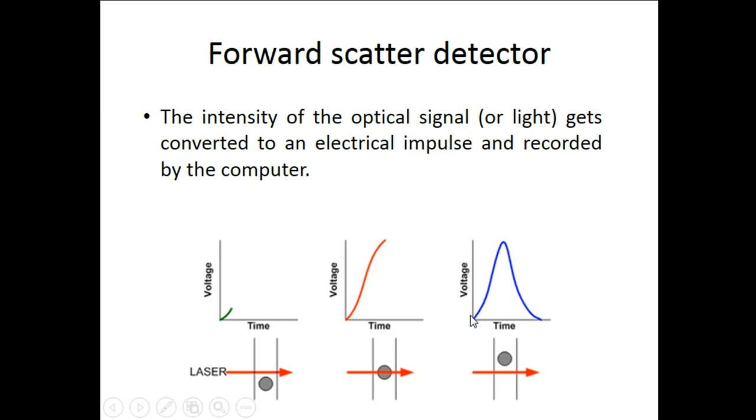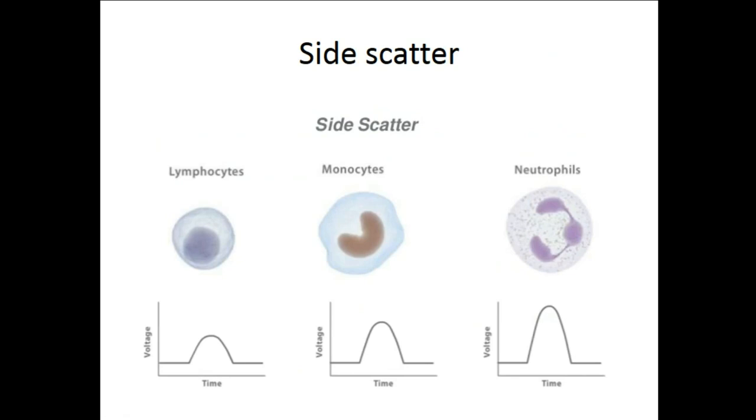And that's why you get this characteristic curve for forward scatter. So, how does that give us information about the size of the cell? It's all relative. For a small cell like a lymphocyte, you'll get a small curve. For a large cell, you'll get a large curve.